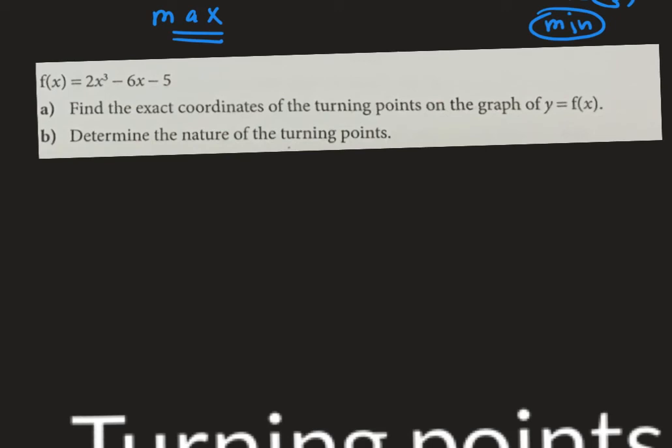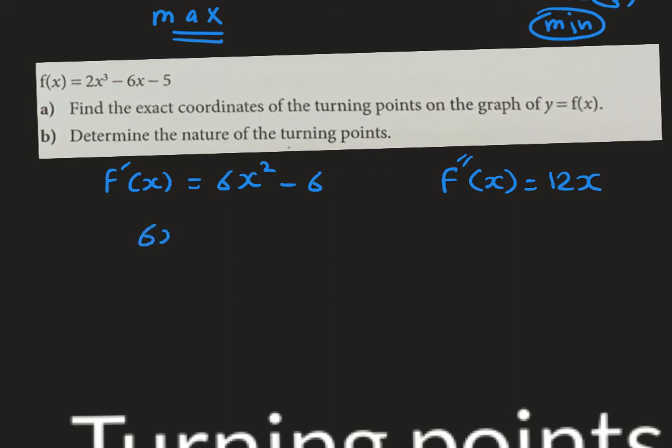In the same way, find f'(x). 3 times 2 will be 6, 6x^2 minus 6. And the same, you should find the second derivative to find the nature. So 2 times 6 will be 12, so 12x. Second derivative 12x.